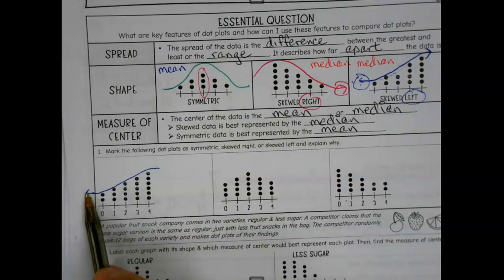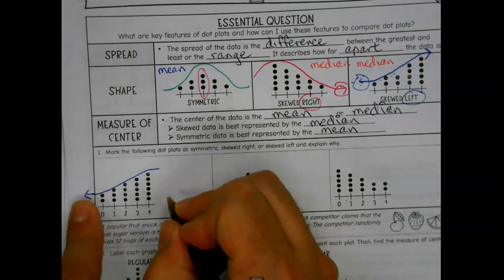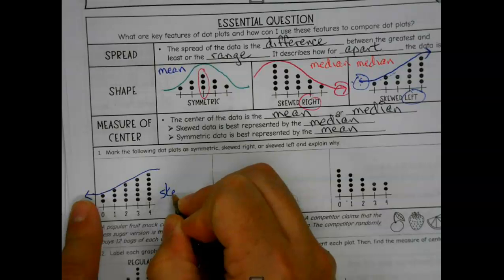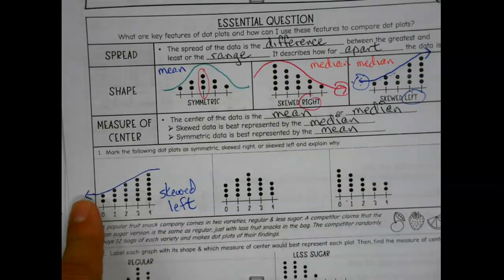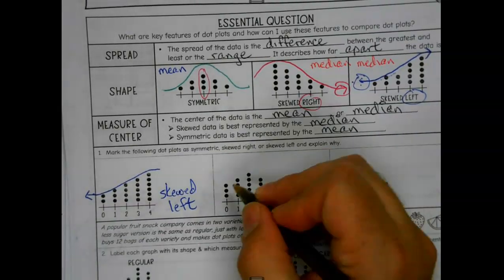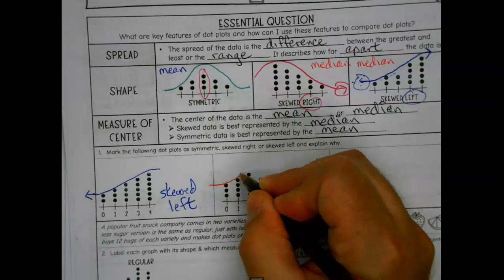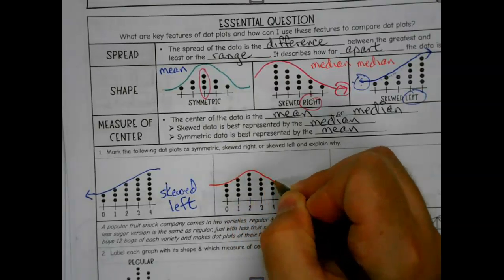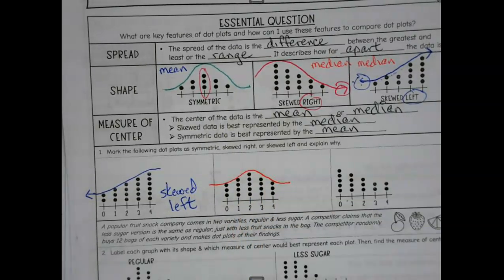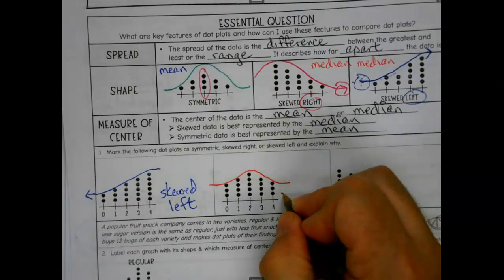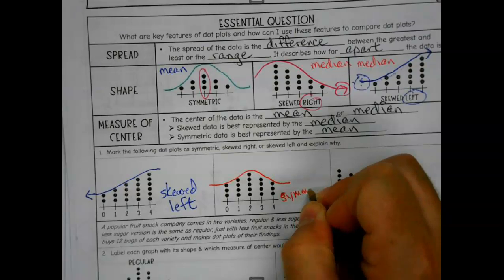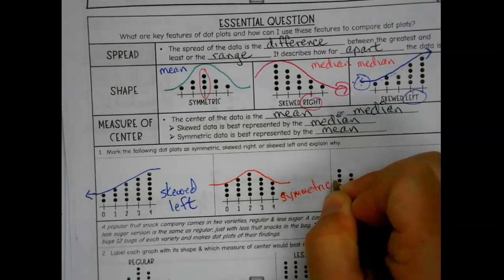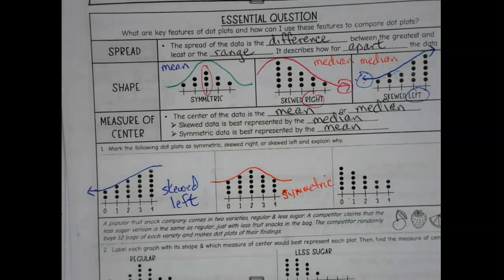Whatever direction that tail is going, which is left, is going to be my info. But if I get a nice curve and it goes up and it comes back down, that's going to be symmetric.